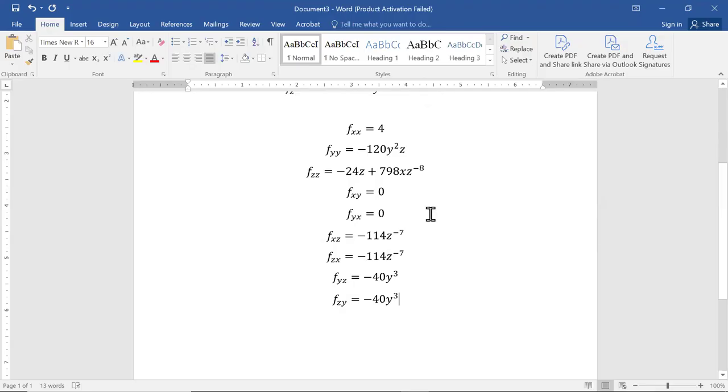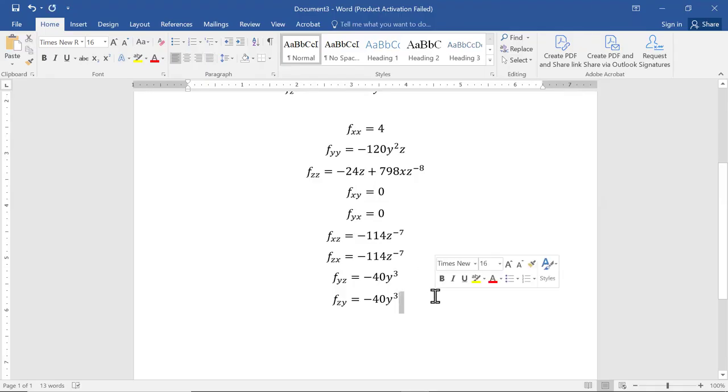So notice that we had a lot of different partial derivatives here. Every time I have mixed partial derivatives, f sub xz is going to be equal to f sub zx. F sub xy is going to be equal to f sub yx. F sub yz is going to be equal to f sub zy.